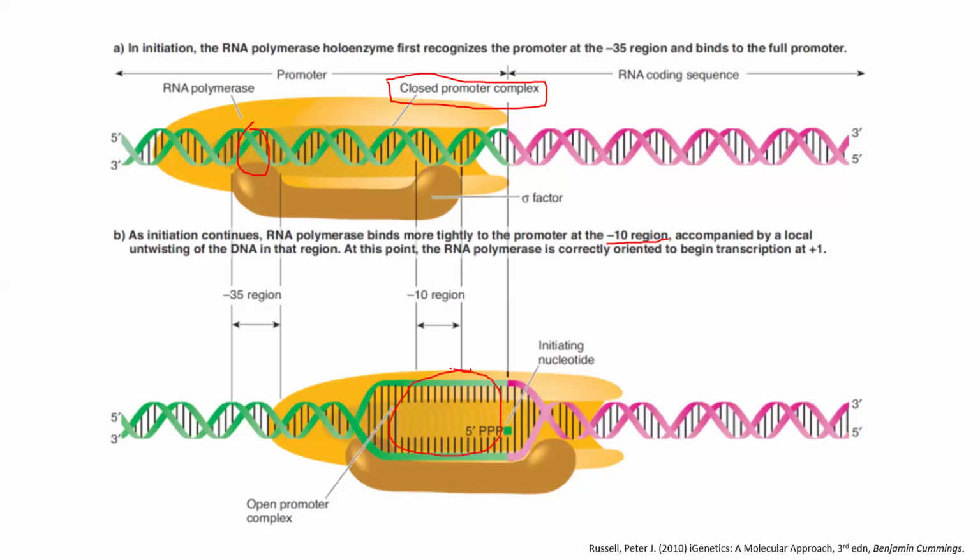At this point, RNA polymerase is correctly oriented to begin the transcription at the +1. +1 is the first nucleotide to be copied into mRNA. And this mRNA is being synthesized now. The +1 begins from where the RNA coding sequence, the sequence shown in pink, begins. And this part is the first nucleotide of the mRNA.